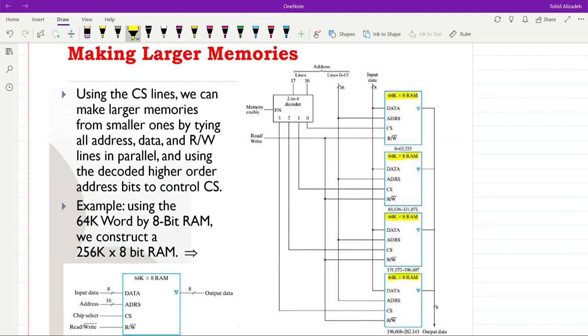some bits of our address. So in our address, in total we have lines 0 to 15, or let's say 16 lines over here, 16 lines for our address and 2 lines here.